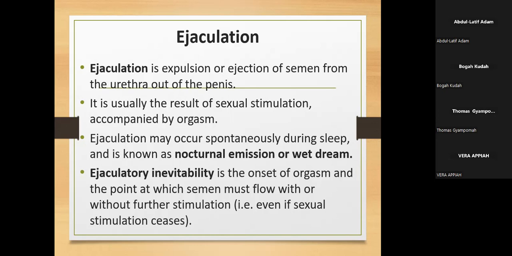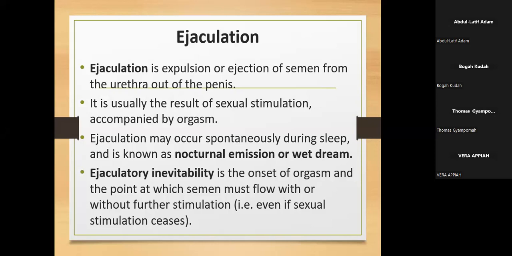You are using the principle of ejaculatory inevitability: at the point that you are about to ejaculate, if you remove it, it will come at all costs. But if you remove it before you reach the point of ejaculatory inevitability, the semen will not come out, because you didn't get to the point at which you have reached orgasm. Once you reach orgasm, whether you remove it or not, the semen will come out.